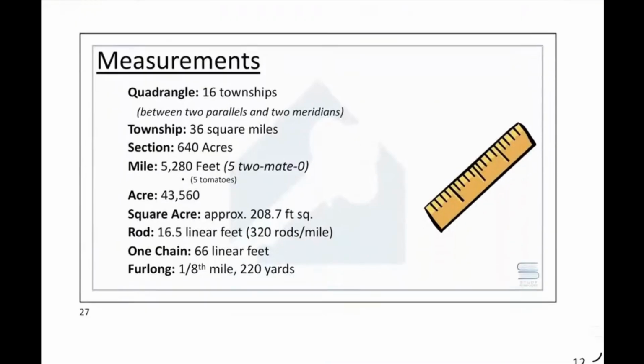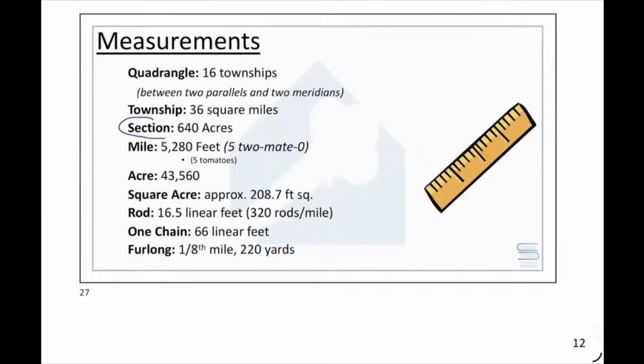Then you also need to know that since every section has 640 acres, right? Because a section is going to be 1 mile by 1 mile. And by the way, a mile is 5,280 feet. I teach that as 5 tomatoes, 5280, 5 tomatoes.